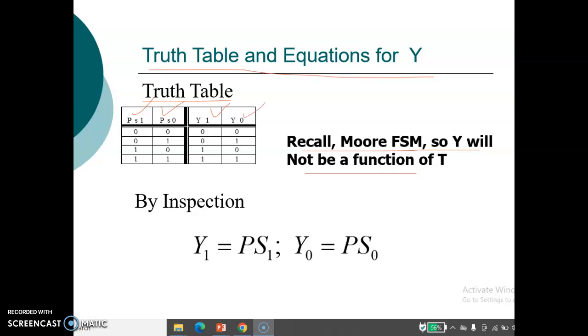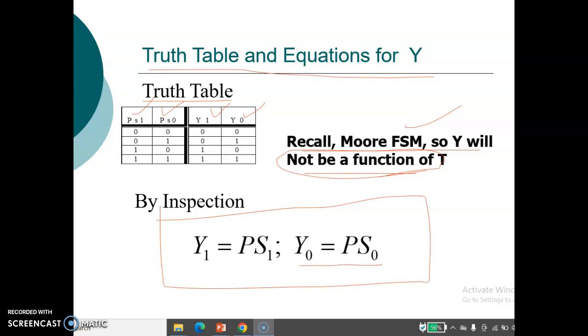Recall Moore FSM, finite state machine, so Y will not be a function of T. By inspection, we got Y1 equal to PS1, present state 1, and Y0 equal to present state 0.